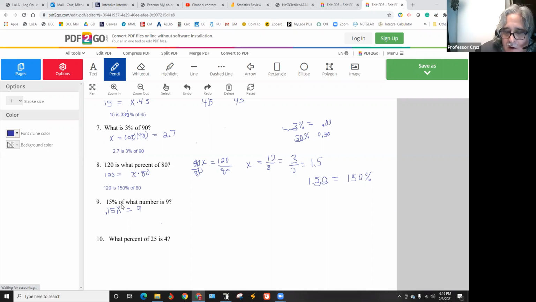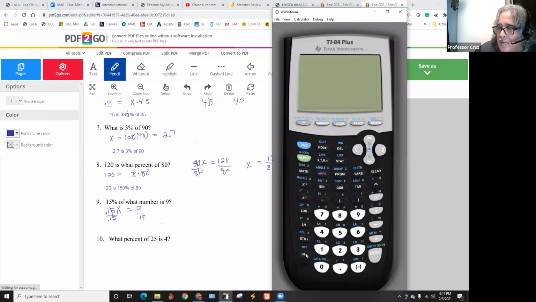The what of means multiply. 0.15 times x is equal to 9. I can do it here, I guess. So all of these are really just one-step little problems once you get them set up.